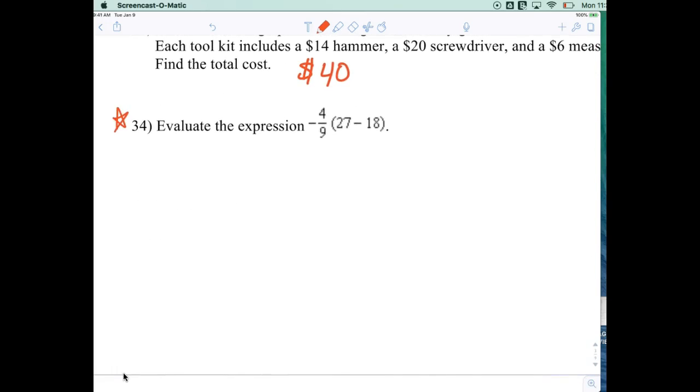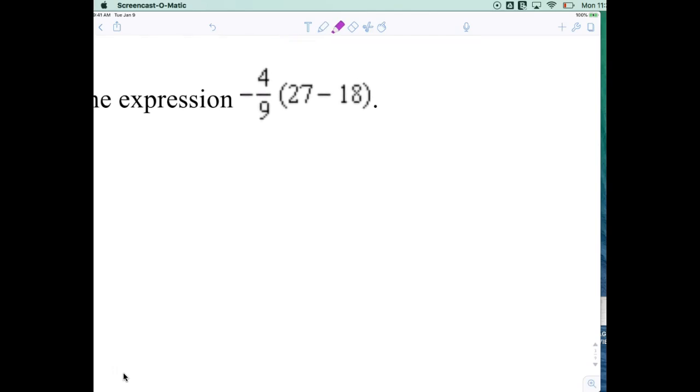Let's just do what's inside the parentheses first. Stay with me. 27 minus 18, what's that? That's 9. So now we're doing -4/9 times 9.